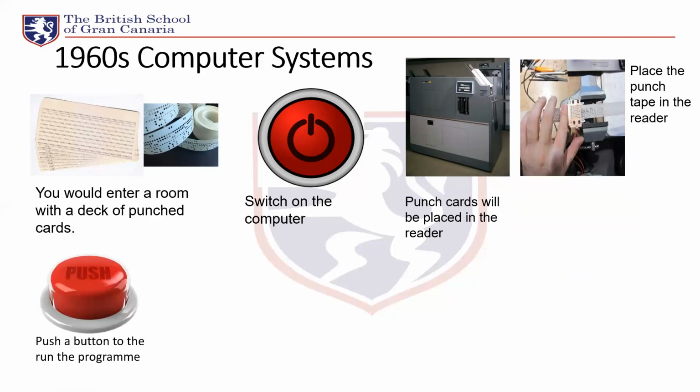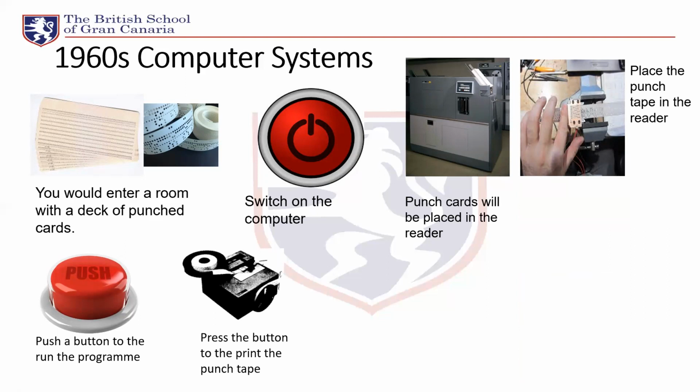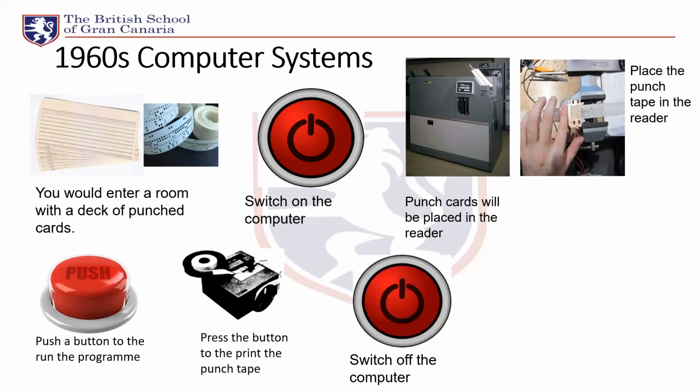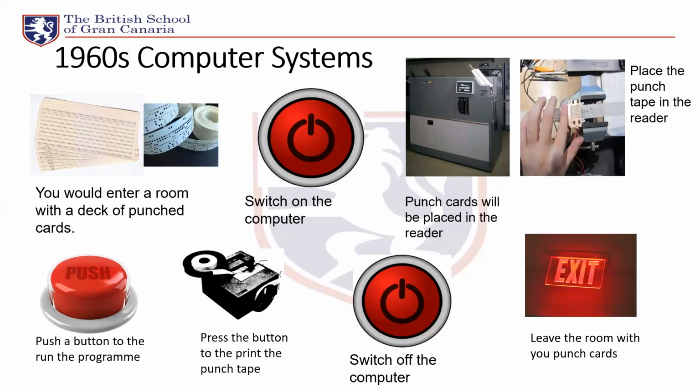Push the button to run the program. Press the button to print out the tape. And then you switch the computer off. So there were no apps, there were no games, there was nothing like that. And then you'd leave the room with your punch cards. That simple, because computers back then didn't do what they do now.